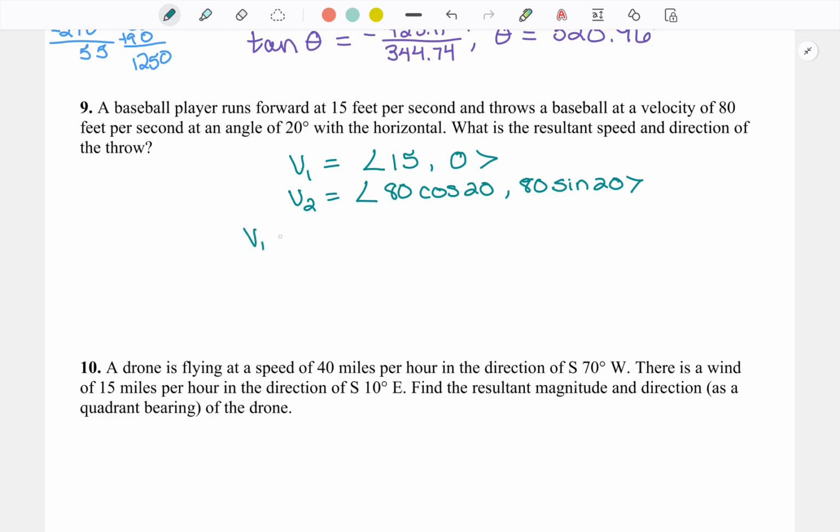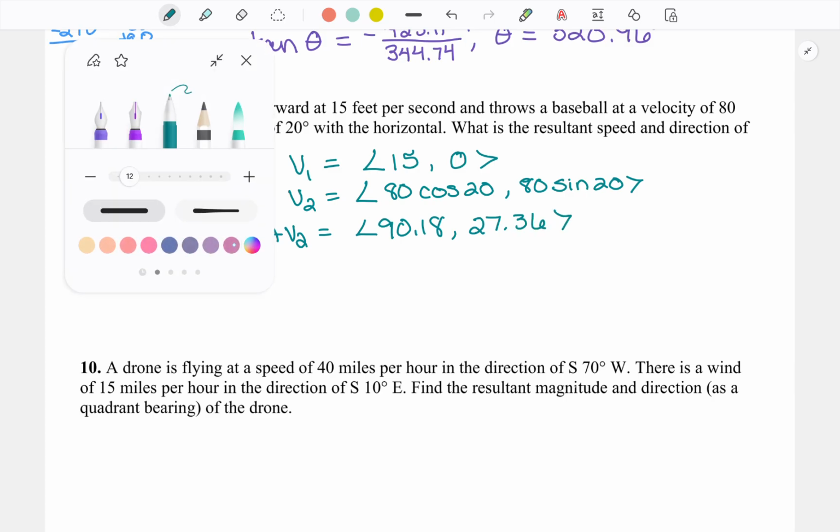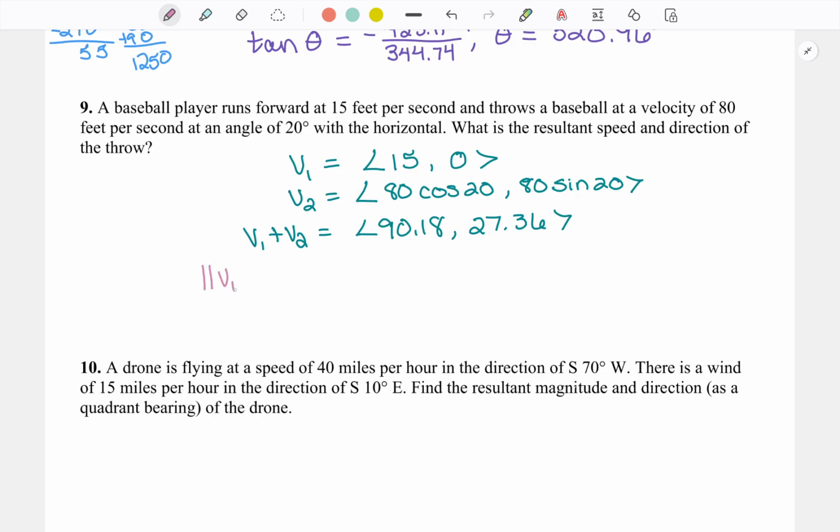So for vector 1 plus vector 2, we are going to have 90.18 and 27.36. So that means that our magnitude is going to be the square root of 90.18 squared plus 27.36 squared, and that is 94.24 feet per second.